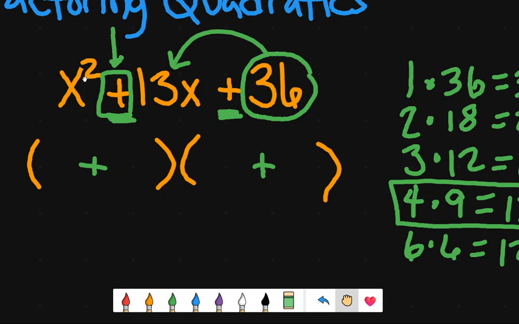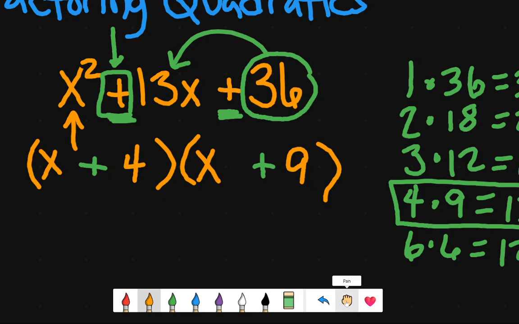Since we have x squared right here, we're going to put x in the beginning of our binomials, because x times x would give us x squared. And then we know the factors that we're going to use are 4 and 9. So we put 4 and 9 inside of our binomials, okay?